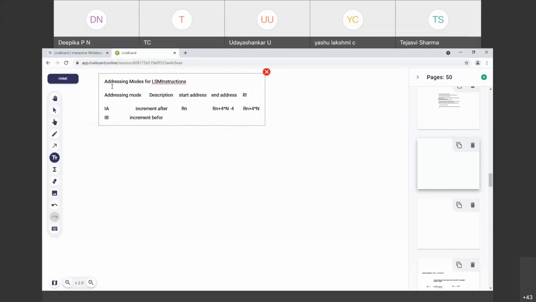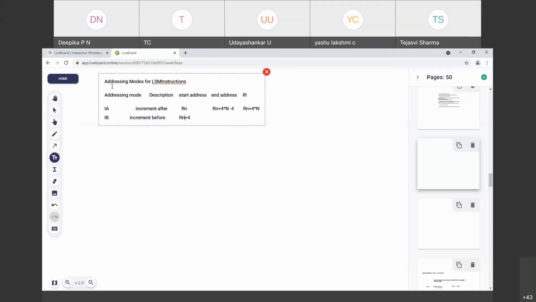So let's say increment before. What is the Rn value? Rn plus 4. Increment before means that, unlike the first case where you first transfer the value from the start address of Rn and then increment, here you increment first. If Rn is pointing to 2000, then 2000 plus 4 means I'll transfer to the 2004 location.